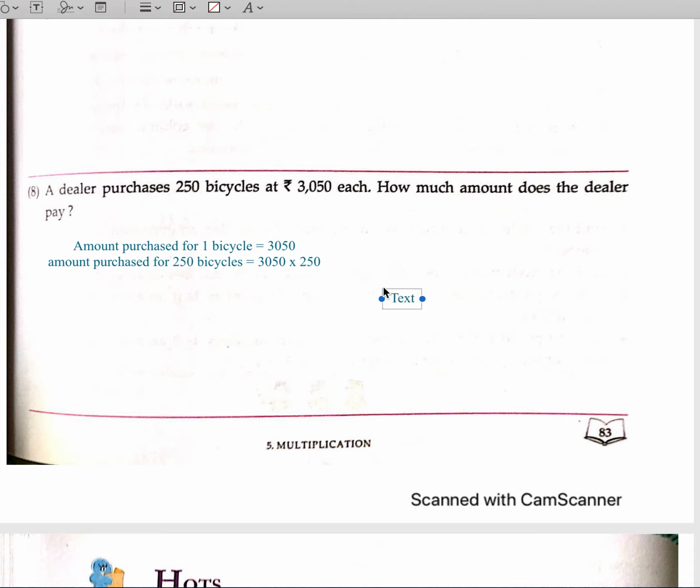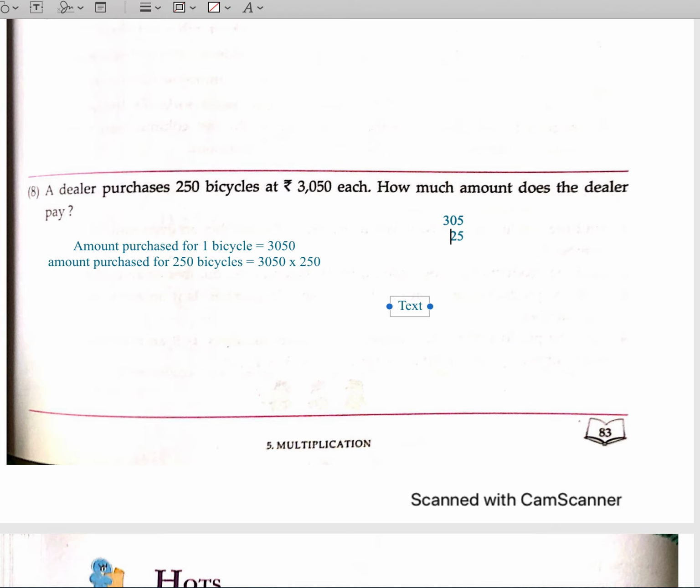Then we need to multiply. So first we will do 3050 into 250. Now we will remove these 2 zeros and add 2 zeros at the end.